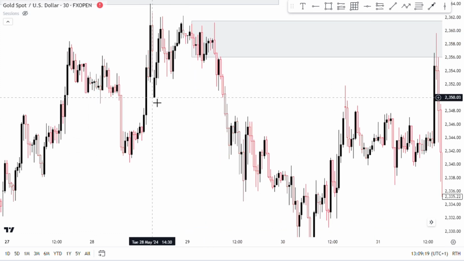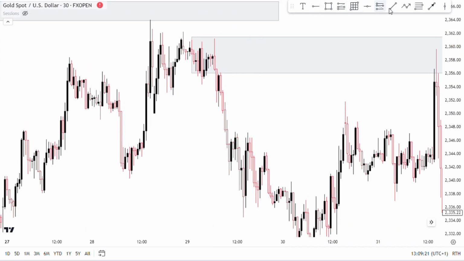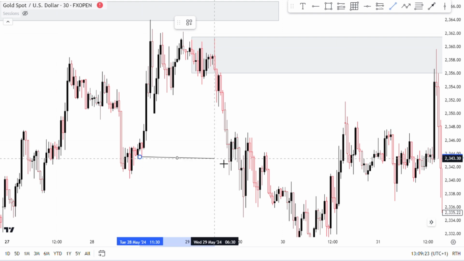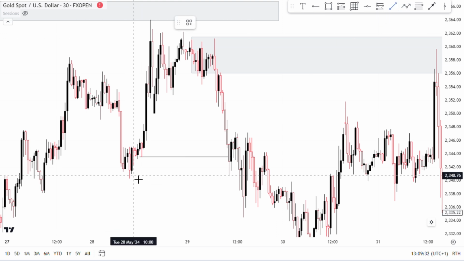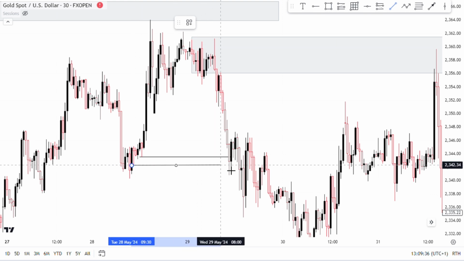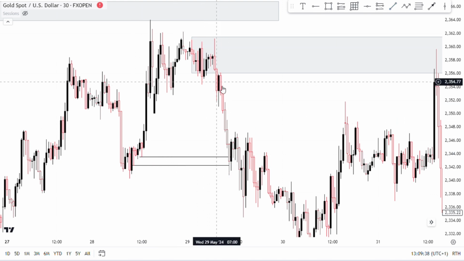So if you analyze the market, price ended up breaking nothing. This is the last low here. Okay, we have found this low and also this particular low. Okay, this one. So this is the other block that ended up breaking it.